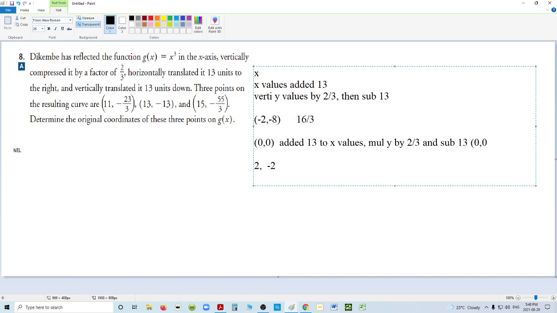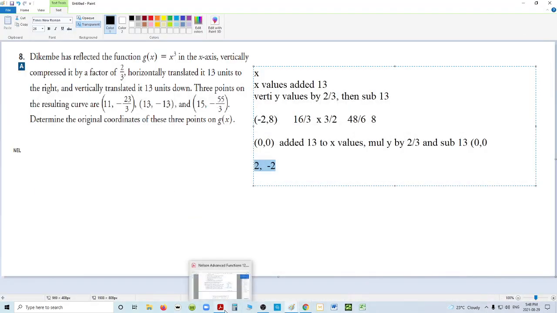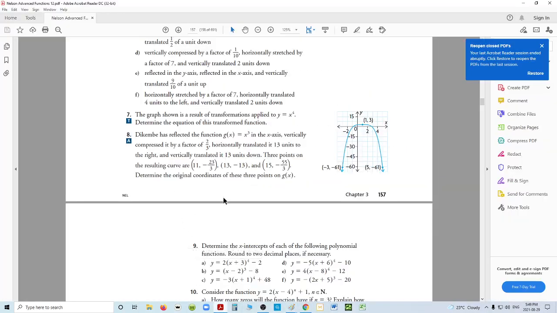And since I multiplied it by 2/3 to get there, I multiply it by 3 over 2 now, and I end up with 48 over 6, and that's 8, and I believe that's positive 8. So I believe these are the values that I should have: minus 2 comma 8, 0 comma 0, and 2 comma minus 2. I might have made some calculation errors, but it's essentially moving backwards from the process.